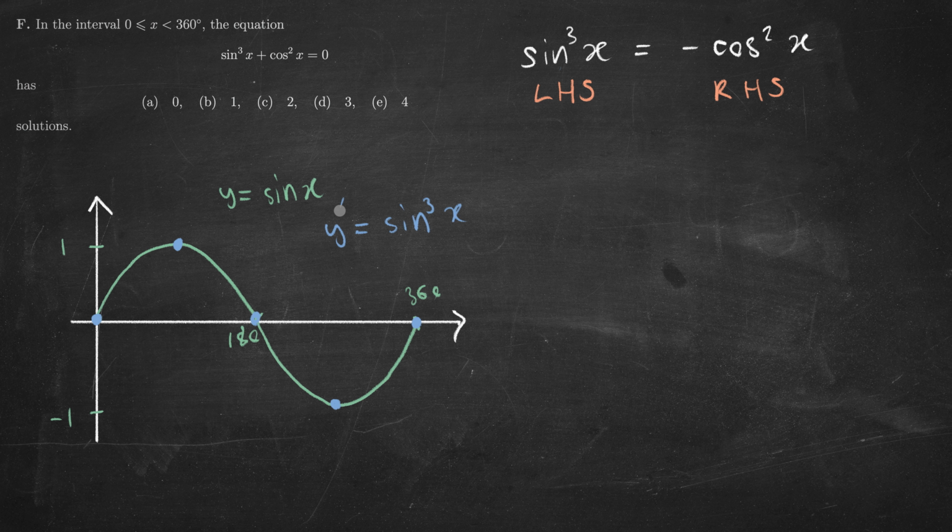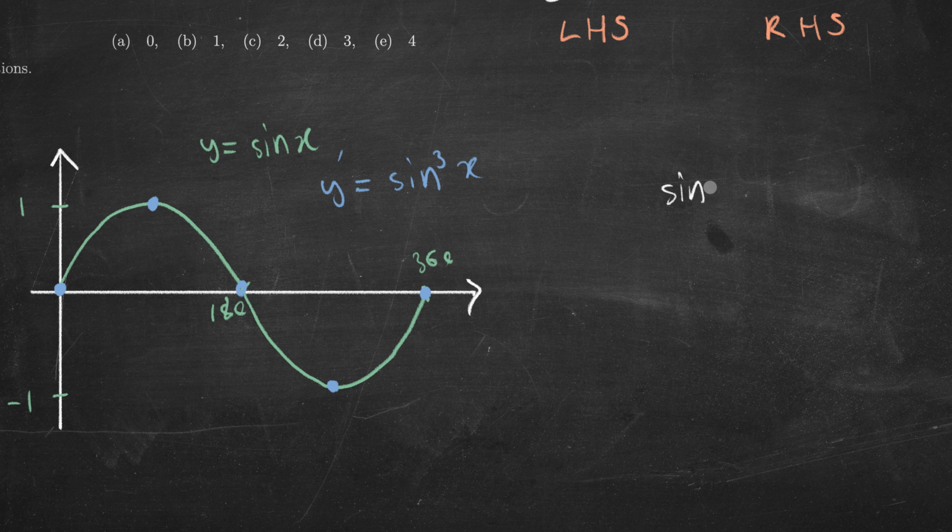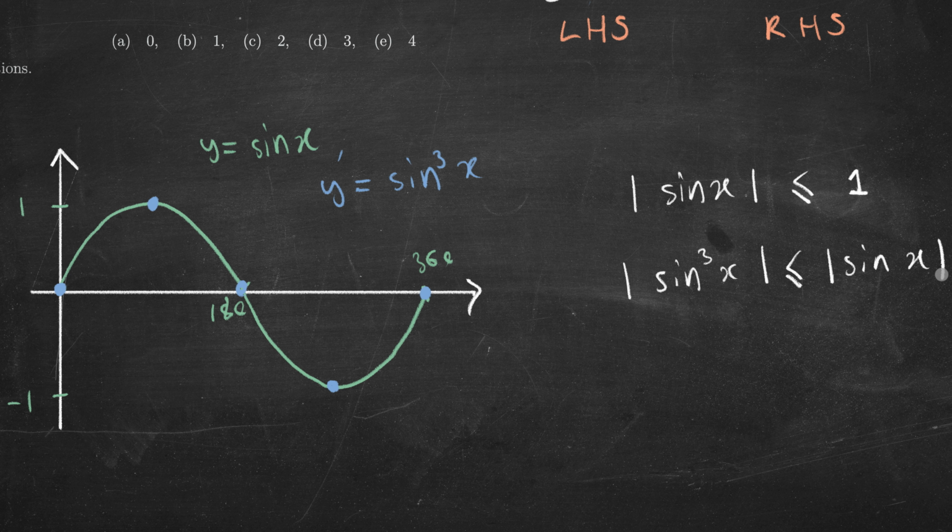Number one, sine of x always has a magnitude which is less than or equal to 1. And because of that, when you cube it, the magnitude of sine cubed of x is always going to be less than or equal to the magnitude of sine of x itself. And it's only going to have equality there when the output is 1, and that happens at 90 degrees, or negative 1 at 270 degrees.